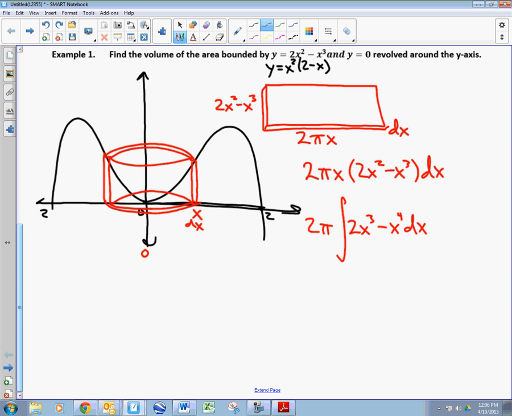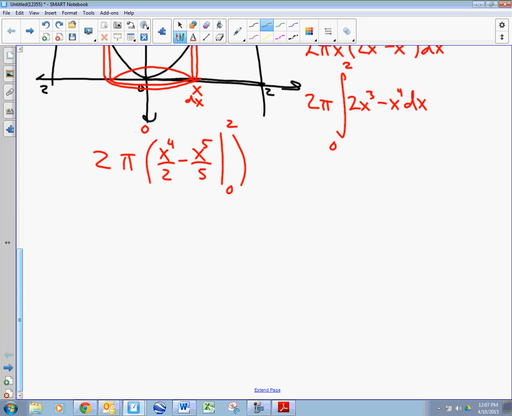What are my bounds? 0 to 2. 2 pi times x to the fourth over 2 minus x to the fifth over 5, from 2 to 0. 2 pi times 2 to the fourth is 16, divided by 2 is 8, minus 32 over 5. 8 is 40 over 5. 40 over 5 minus 32 over 5 is 8 over 5. Times 2 pi is 16 pi over 5.